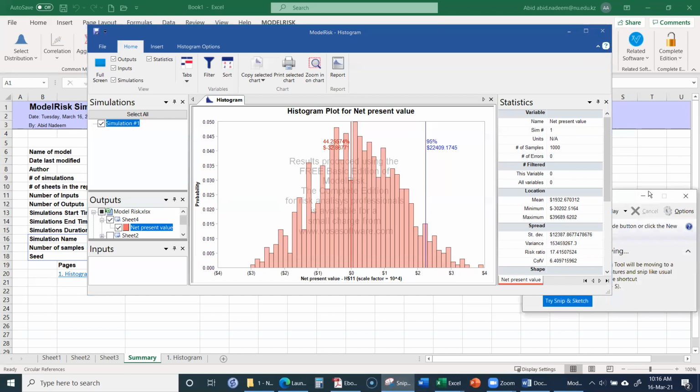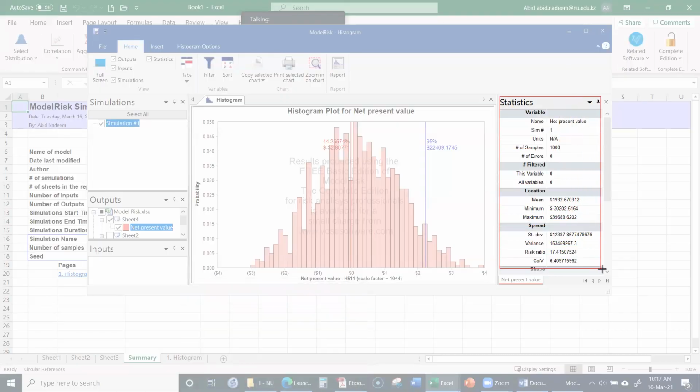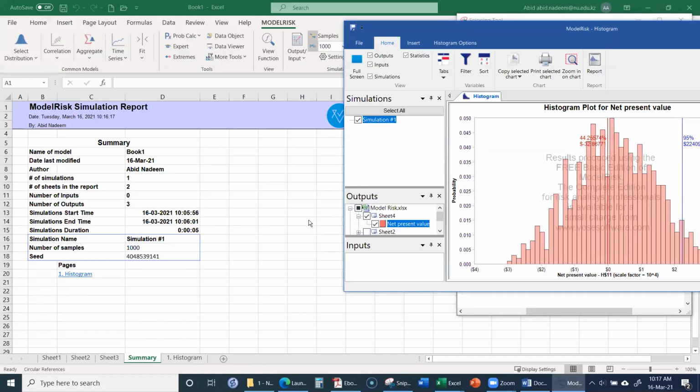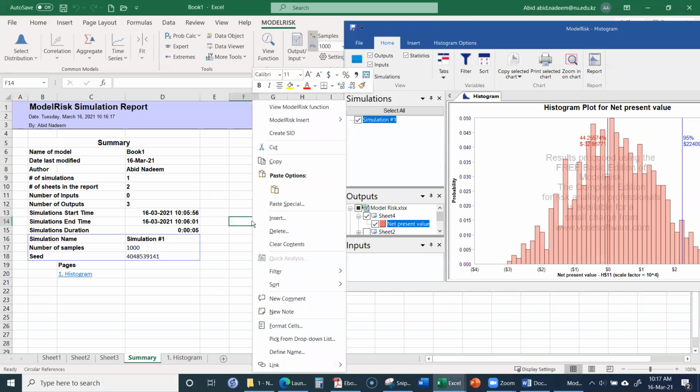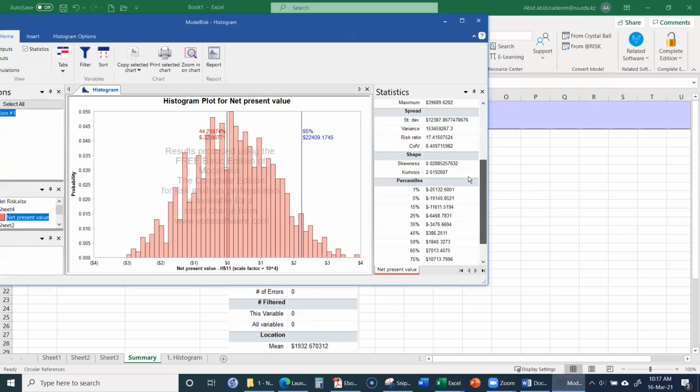So for example, you can snap those, and here you can just place it in your spreadsheet. So this one, and then you can do the next one as well.